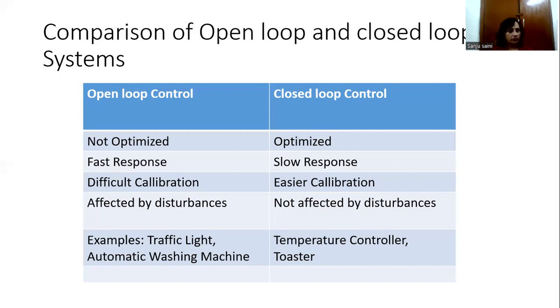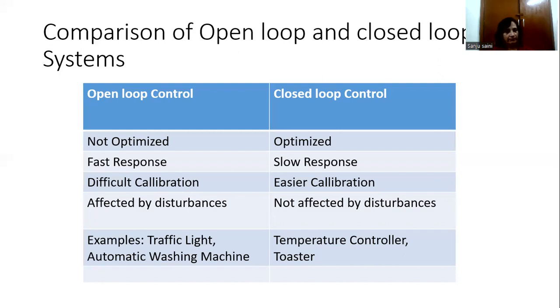We have just come to know that in open loop control systems we do not have any feedback mechanism, which is present in closed loop control systems. And because of the feedback mechanism, closed loop control systems become superior to open loop control systems by becoming immune towards the presence of disturbances, noise, and other environmental factors.